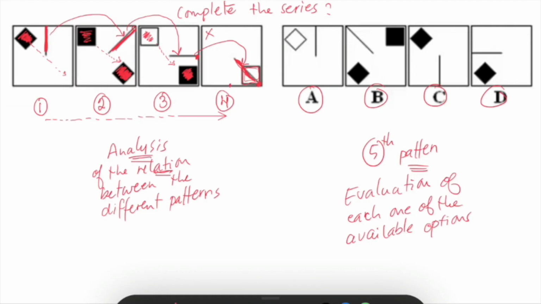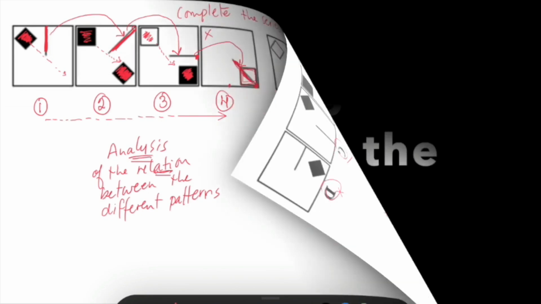A doesn't give me this, B doesn't give me this, D doesn't give me this, so C gives me this, and completes the series in a logical sequence.